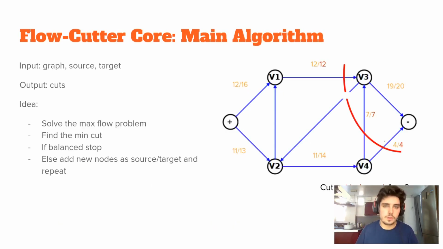So the main algorithm takes a graph, a source and a target, and computes cuts by solving the maximum flow problem, finding the cut. If the cut is balanced, it stops, but otherwise it will add new nodes as source and target.